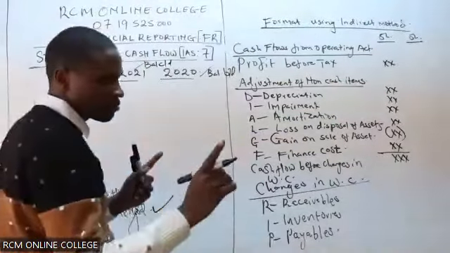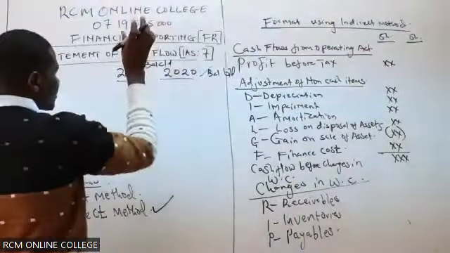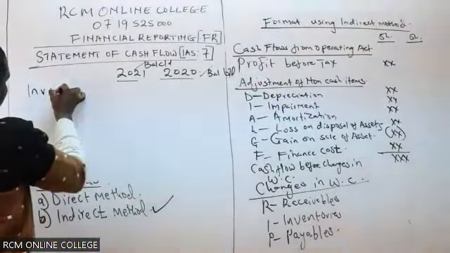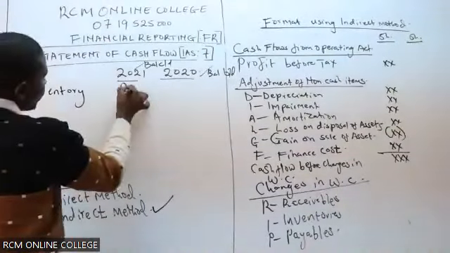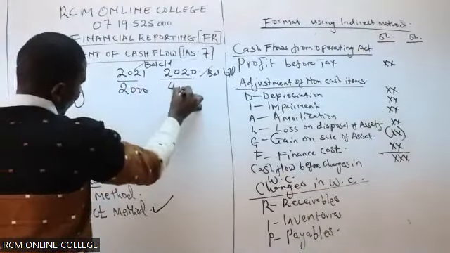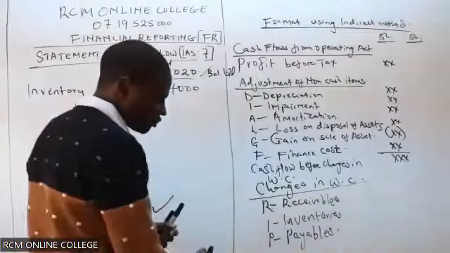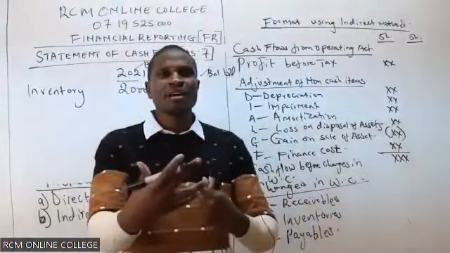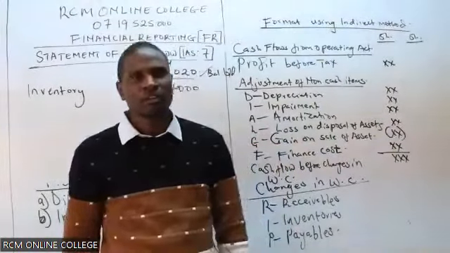Note that: balances brought down, balances carried down. If I have inventory here, here I have 2,000 and here I have 4,000. I want a good student to tell me what happened to inventory. Did these people purchase or did they sell the inventory?